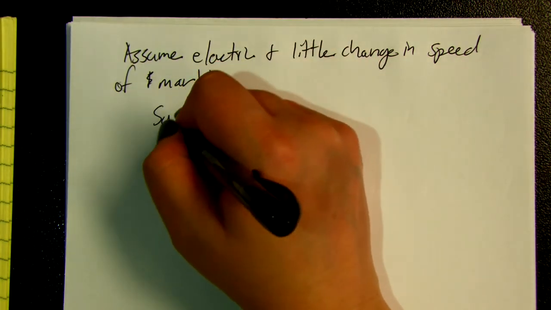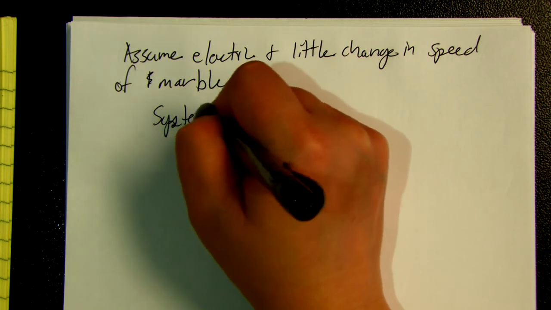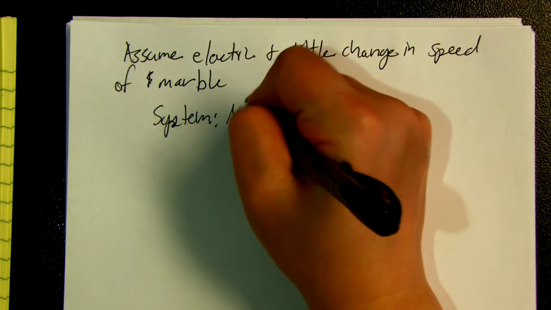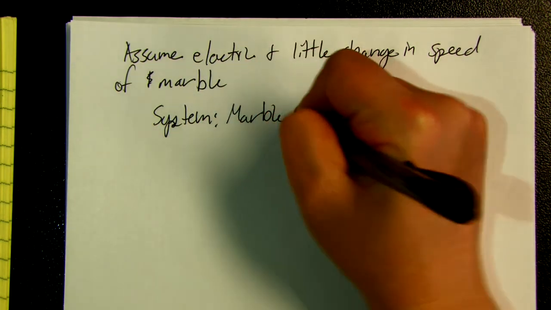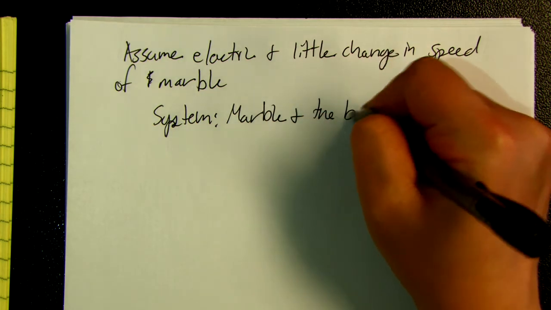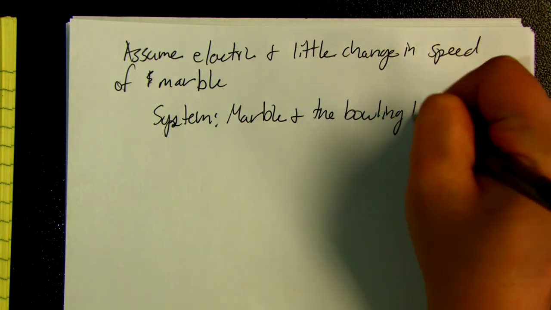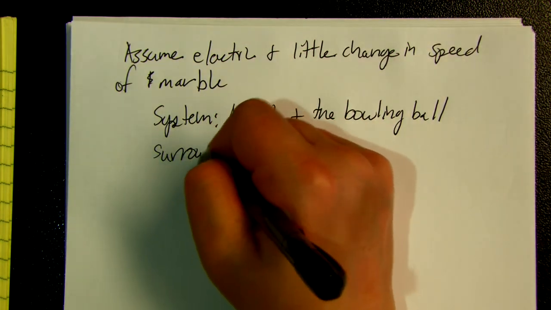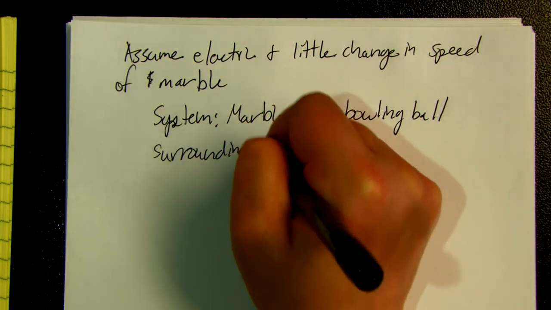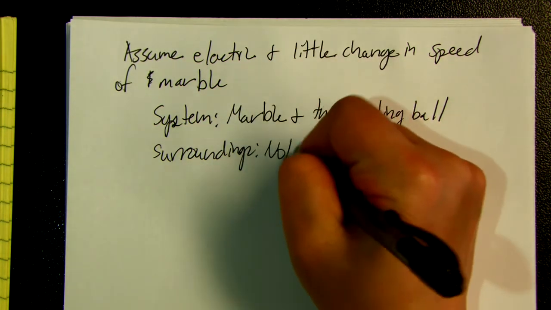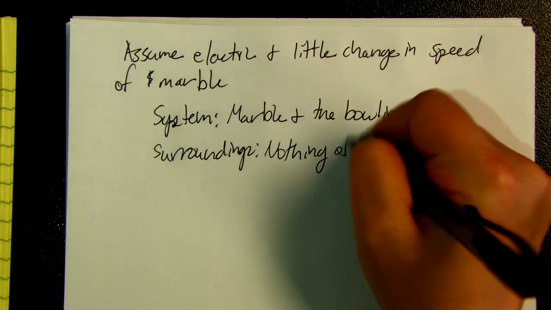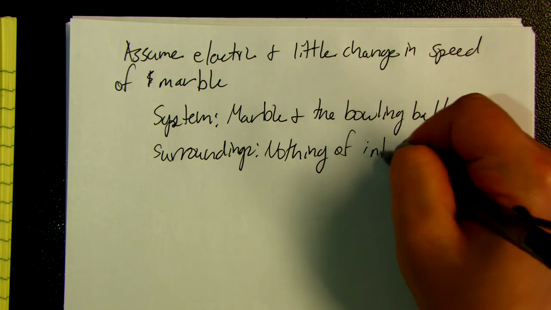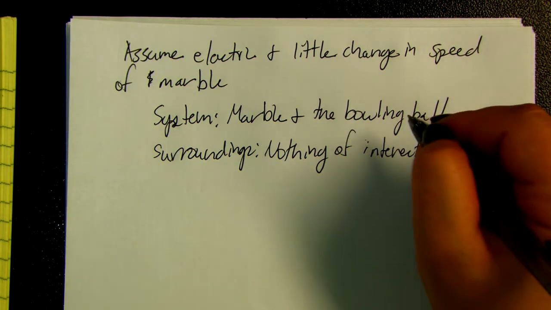So our system is the marble and the bowling ball. Our surroundings is nothing of interest. We are in space after all. It's basically a whole lot of nothing out there.